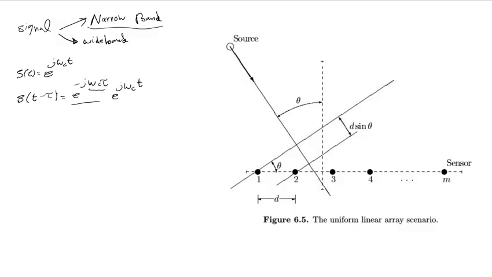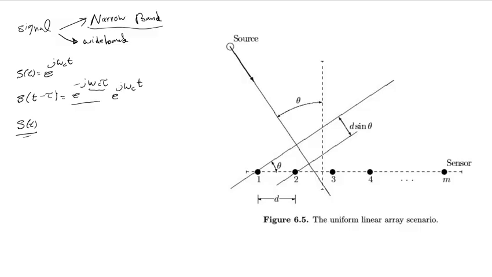Another point is that I assume a reference point. For example, I consider the first sensor of this array as the reference point, and I assume that the signal s(t) is received from the source at the first sensor. Now, what about the second sensor? The first plane comes to the first sensor, as you see, then comes to the next, and then to the next, moving forward.